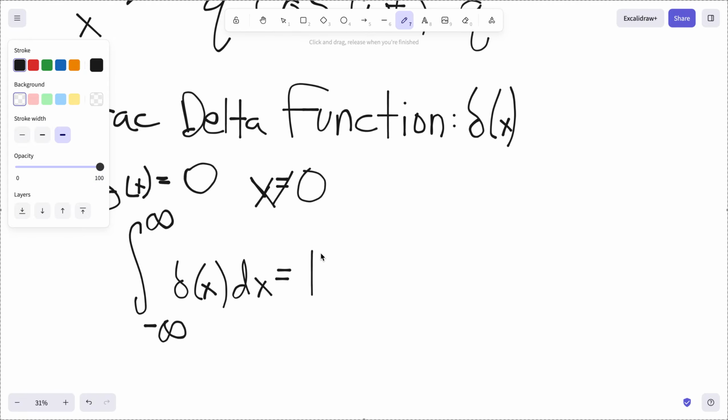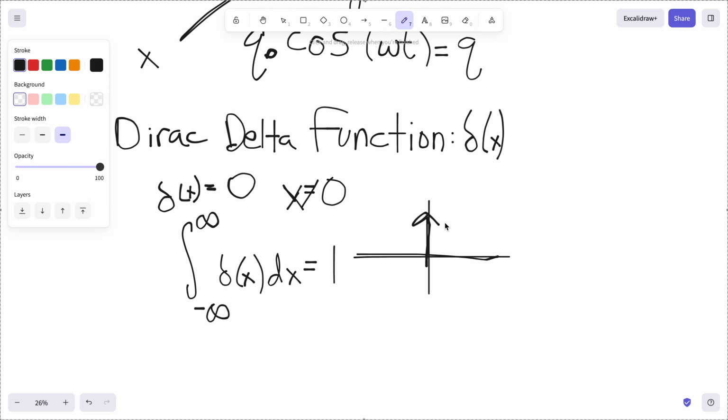If I were to draw this function, you could draw it looking like this. It's basically a way of describing a singularity point, because there's no easy mathematical definition for it, so we describe singularities this way using a Dirac delta function.